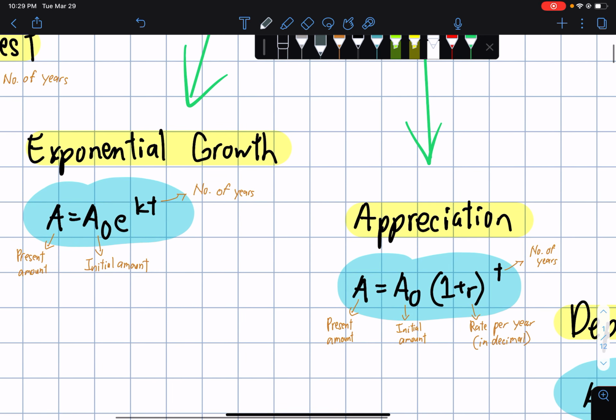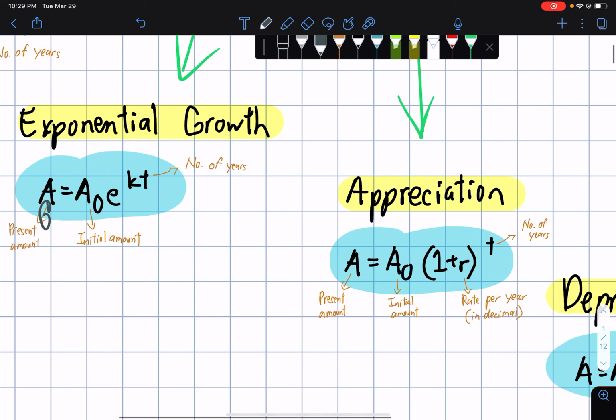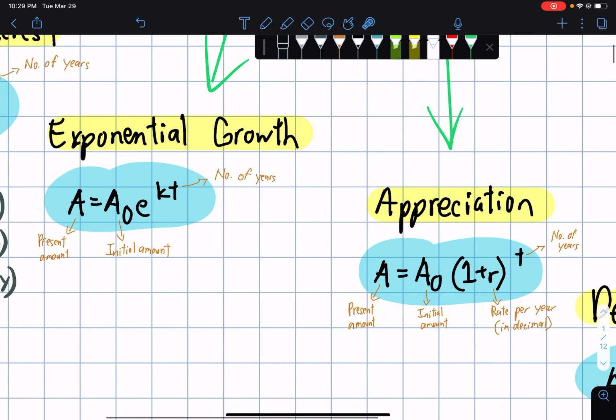For number 2, exponential growth, A is equal to AO e raised to KT. So A is basically our present amount. AO is our initial amount. E is basically Euler's number. It's a significant part of logarithmic and exponential functions, especially when you involve these in solving equations.